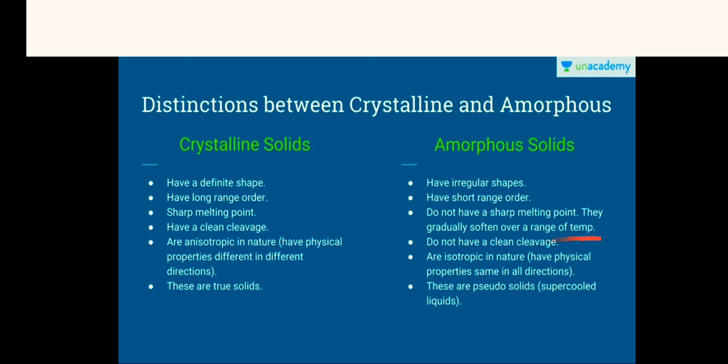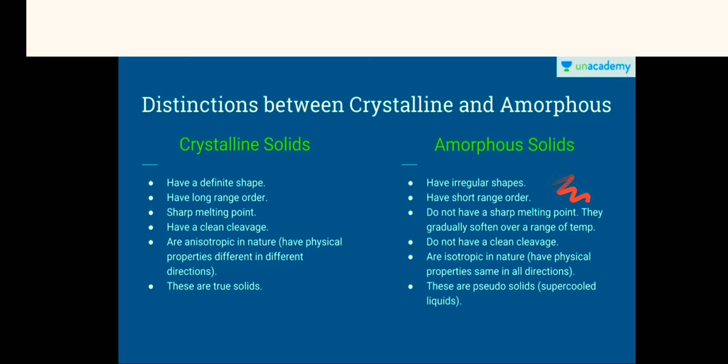Then crystalline solids have a clean cleavage. When we cut crystalline solids with the help of a knife, they will have an absolutely clean cleavage, something like this, right? Whereas amorphous solids do not have a clean cleavage. They will have an irregular cleavage of this type.